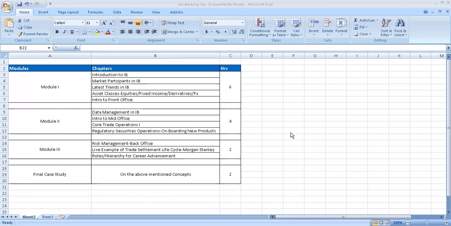Based on the functional or technical knowledge which you bring in, there are various career advancements lined up, and you can visualize what you can be in 3 or 5 or even 8 years down the line. That's in module 3, and finally there will be a case study which involves all these 3 to 4 modules.